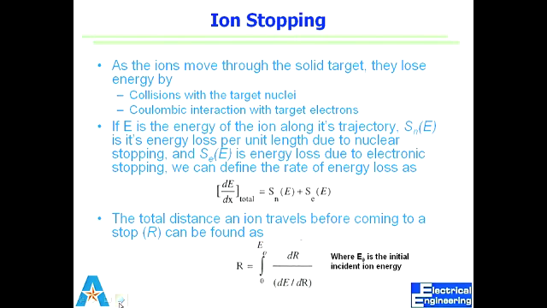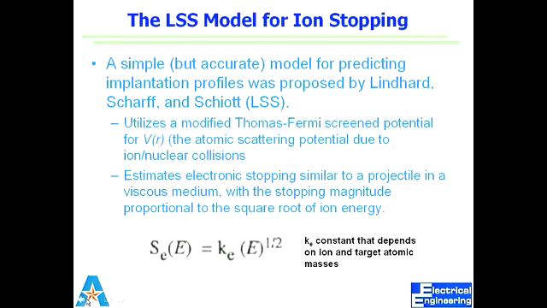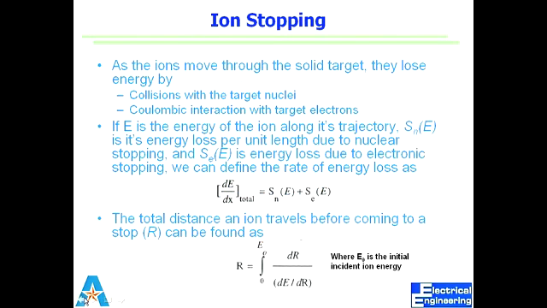If I lose much more to the nucleus, they're going to arrest me much sooner, much shallower. E naught is the initial incident ion energy. So if I have more to contribute, I'll travel more. If I have less, I'll travel less. But then again, the mechanism of energy loss will define how far I go, right?